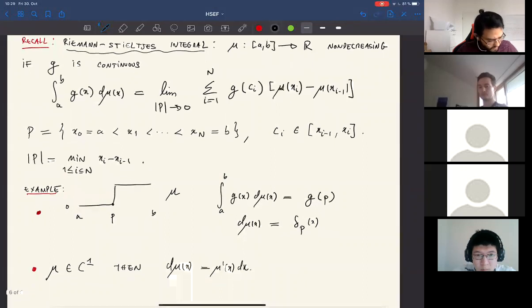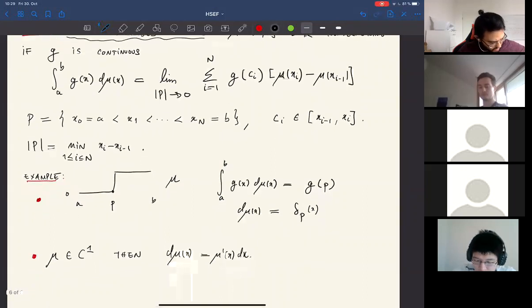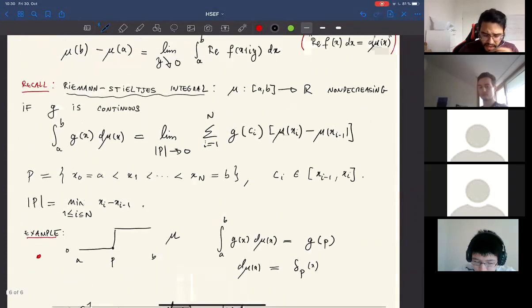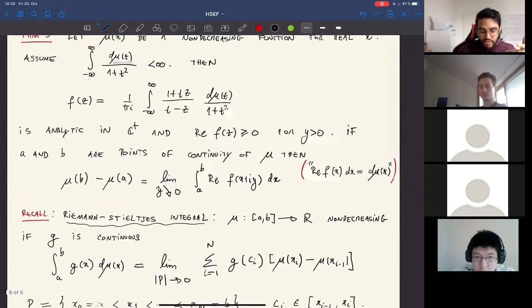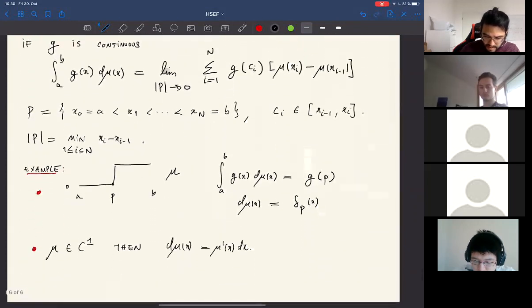Before we start the proof, let me see if we don't need something else. Oh, and in the statement we also had a condition: if a and b are points of continuity of the measure. Maybe I should explain this as well. When you do something like this, you have to specify what you're doing, because what do you mean by integrating from a to b?